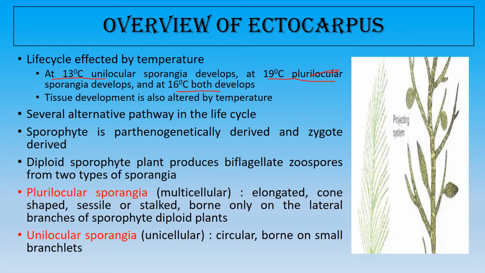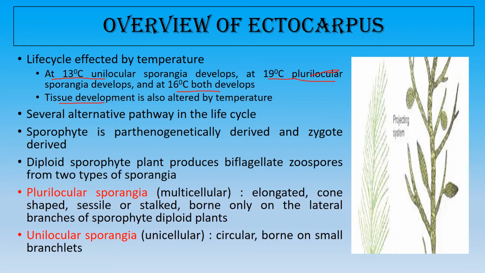For example, Ectocarpus siliculosus. Here we see that tissue development is altered by alternation of temperature. This sporophyte generation produces two types of sporangia, unilocular and plurilocular, and their production depends upon temperature. This sporophyte in turn is produced by two processes.